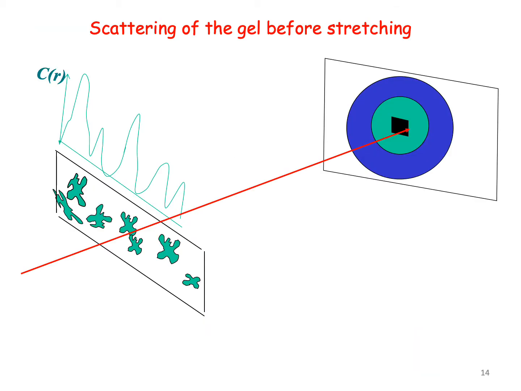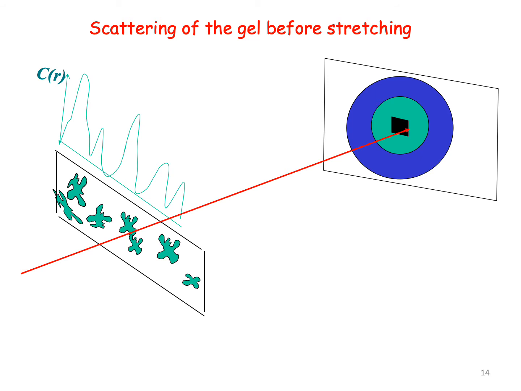On this figure, we have represented on the left-hand side, on the bottom, the heterogeneities as more concentrated regions, which produce some spatial variation of the concentration as a function of distance, as represented on the turquoise curve on the top.